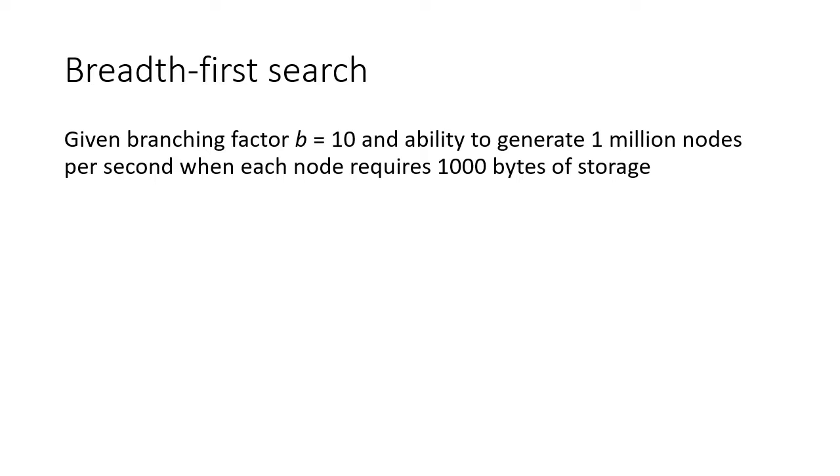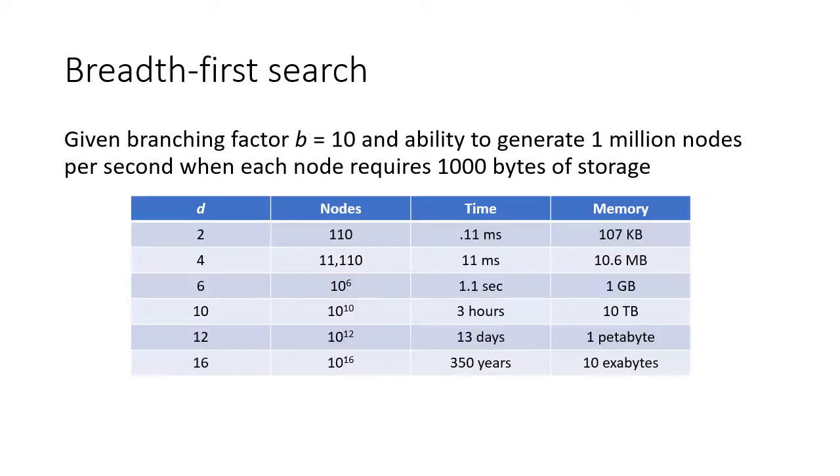So for an example, with just some actual numbers in place, if we have a branching factor of 10, and let's suppose that we can generate 1 million nodes per second, and that each node requires 1,000 bytes of storage. These are reasonable, realistic values for certain scenarios. When the depth of the solution is just 2, already 110 nodes are generated.